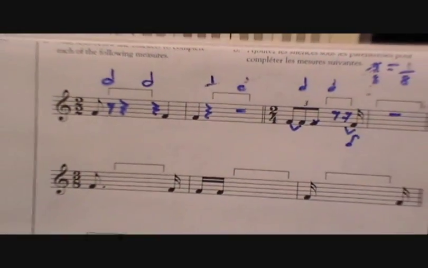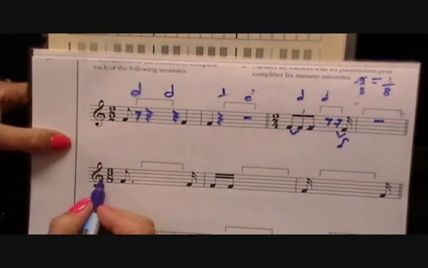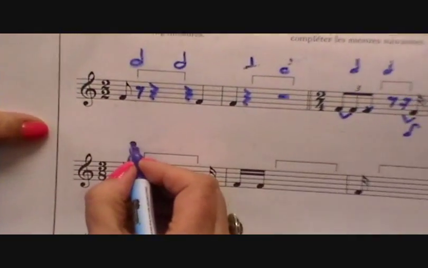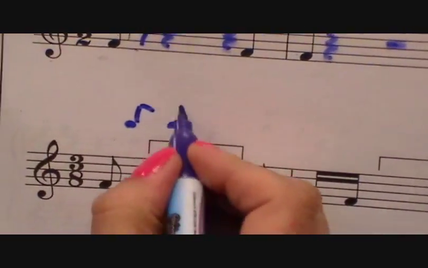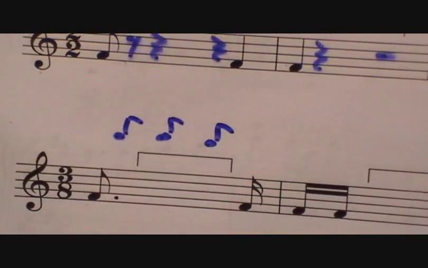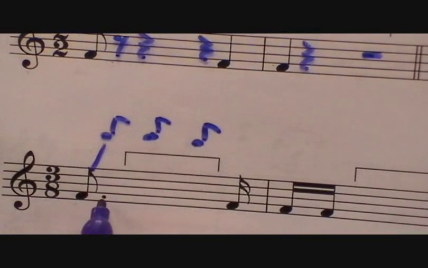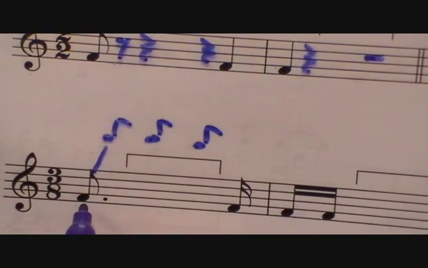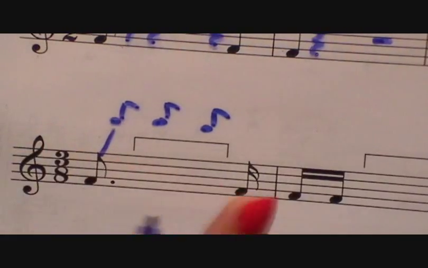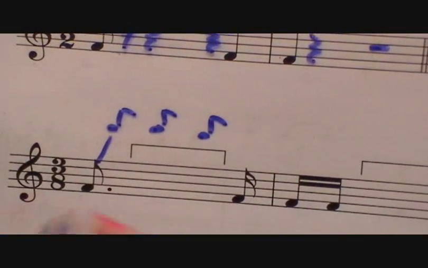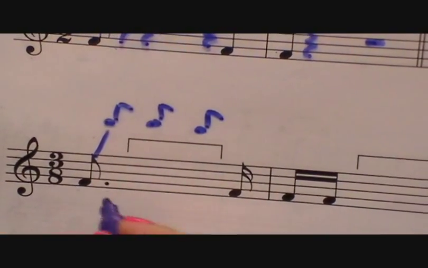Let's go back to the question we could be asked. Okay, so here, now we have 3/8. What are we going to do? We are creating 3/8 in this measure. Well, here we have an 8th note, so he's done. But now there's a dot beside that 8th. So the dot is always half the value of the note it's beside. So what's half of an 8th?